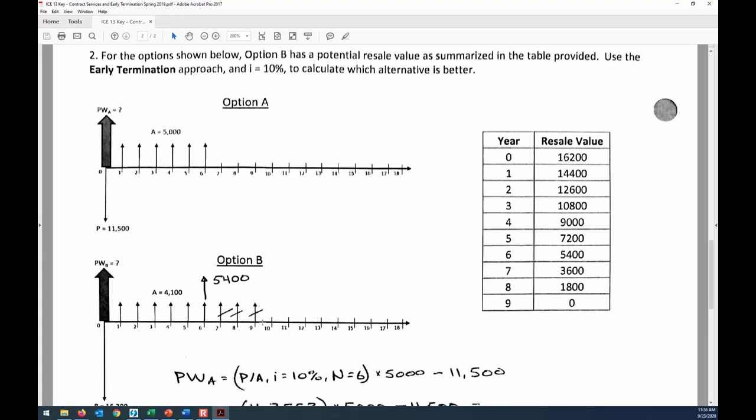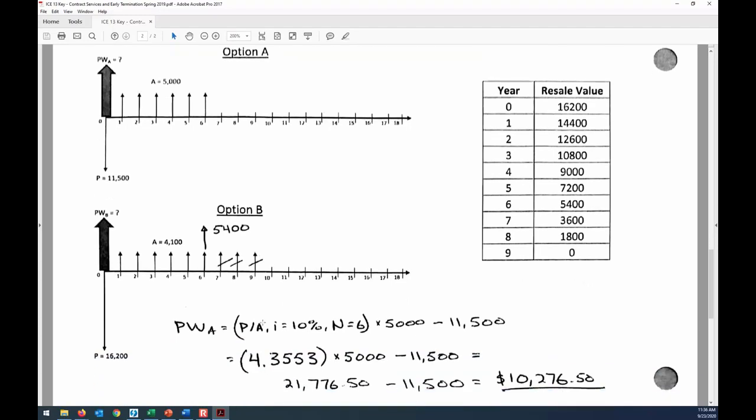So what that means is for option A, we simply have to find P given A at 10% for 6 years, and whatever that table lookup factor is, we multiply it by 5,000, and then that gives us the present worth of the revenue, and then we combine it with the cost, which is already at year 0 and is in the amount of 11,500.